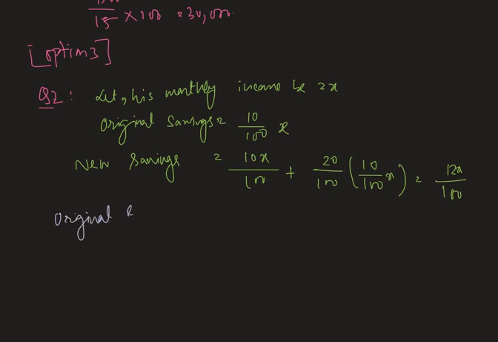Original expenditure is x minus 10x by 100, that is total income minus total saving in past, which results in 90x by 100.